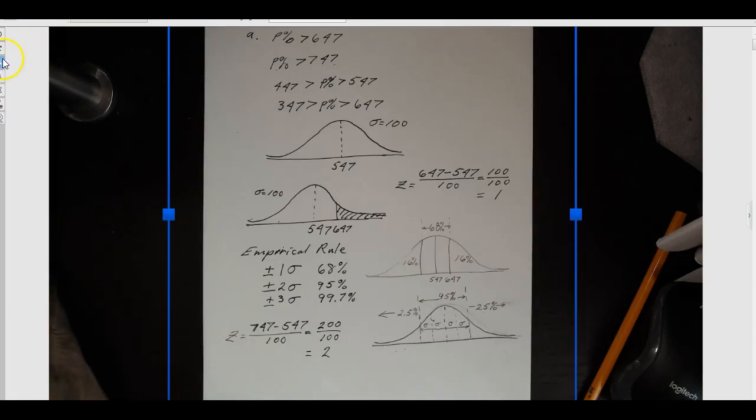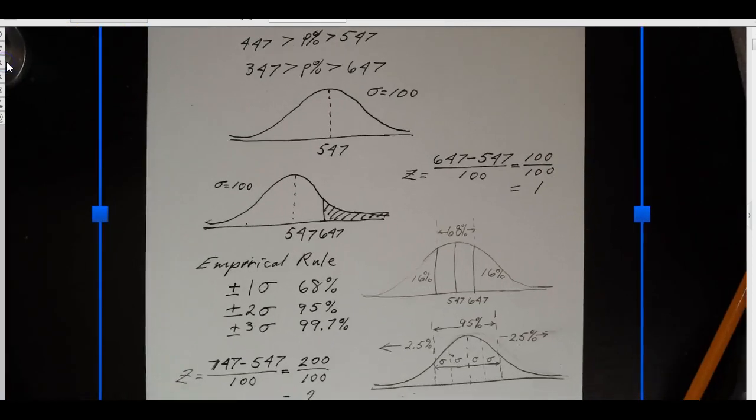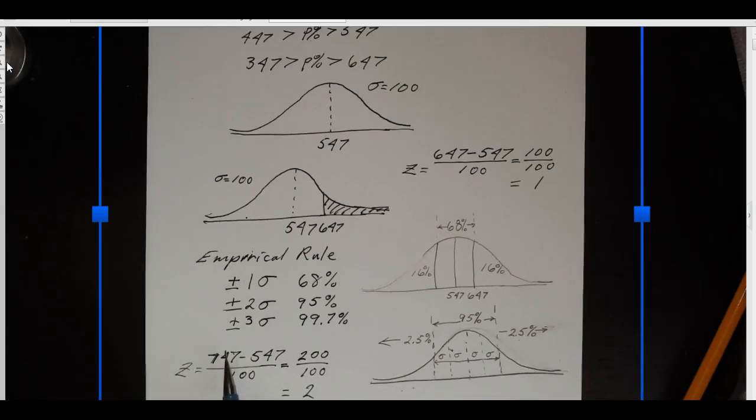Likewise, if we look at the second problem, where we want to know what percentage of the scores fall above 747, we calculate the z-score, and the z-score turns out to be 2. So again, we know if we go plus or minus 2 standard deviations from the mean, we'll capture 95% of the data values, approximately, which leaves us 5% left.